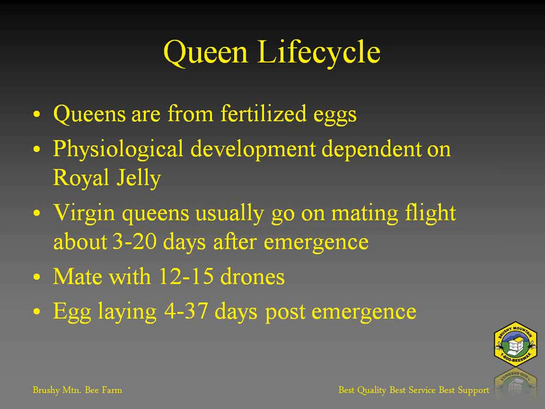Normally, it's within a few days of returning from their mating flight. So we need to keep that in mind when we think about our management if we encounter a situation where a colony is about to swarm and there are queen cells or there are supersedure cells. And I'll talk a little bit about those later on.